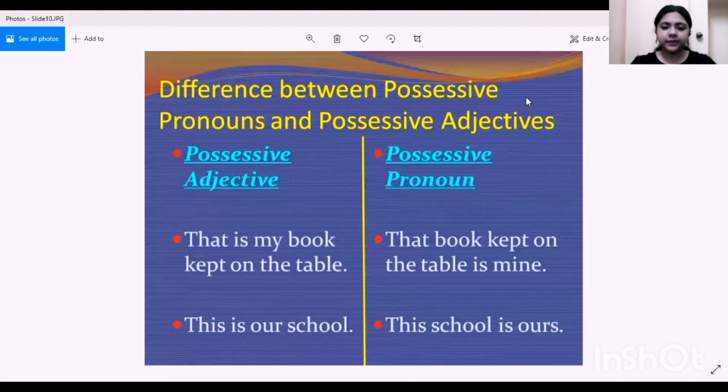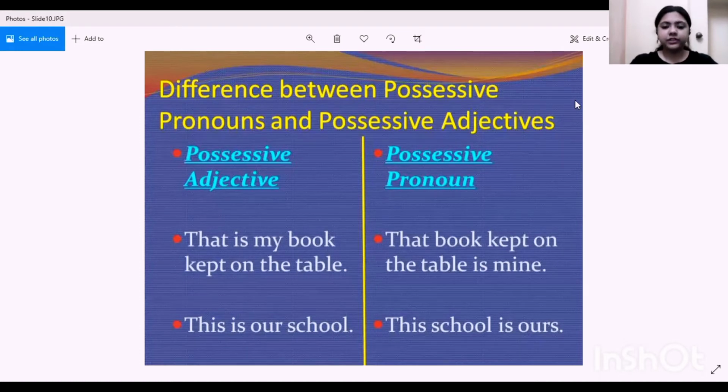Okay, Unnati, go ahead. Ma'am, the difference between possessive pronoun and possessive adjectives is that possessive adjectives come before the noun, and possessive pronouns are at the end.